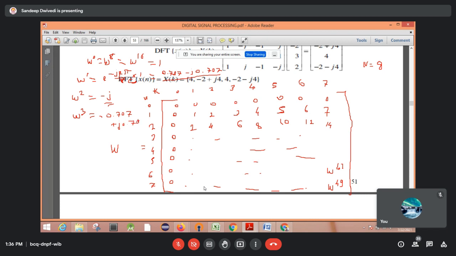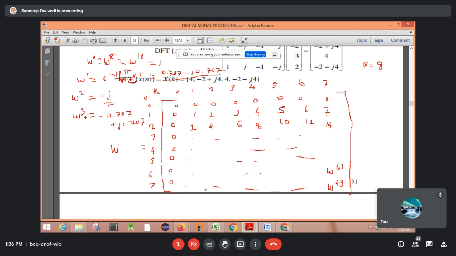अभी यही same value you can verify it by even in your calculator by doing calculation. क्या होगा ये e raised to power minus j 2 pi divided by 8. So 2 pi and 8, so that will be pi by 4 into 3. So this will be e raised to power minus j 3 pi by 4. Correct है? 3 pi by 4. Okay, so the angle will be cos 3 pi by 4 minus j sin 3 pi by 4.